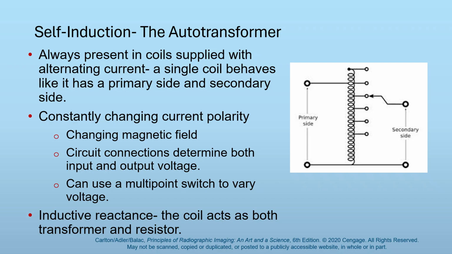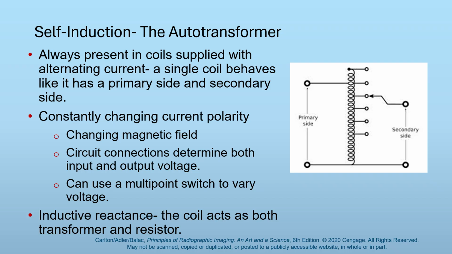Okay, so if I move the multi-point selector switch up, then I'm going to get a higher output voltage. If I move it down, I'm going to include fewer coils in the secondary circuit, and I'm going to get a smaller output voltage. And so the autotransformer's utilization in the X-ray circuit is to select the kilovoltage. It's the kVp selector.